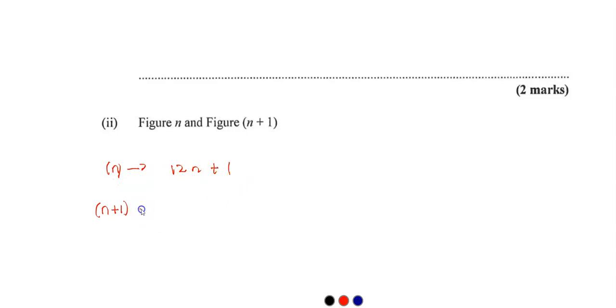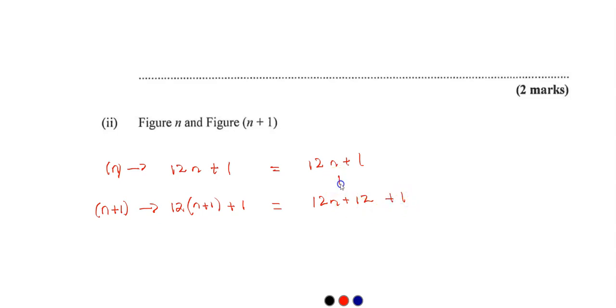So it means that we would have 12 times the position of the figure there, which is n plus 1, plus 1. And upon simplifying this, we have 12n plus 1 for that first one. And for this, we would have 12 times n, that's 12n. 12 times 1, that's 12. And we add 1 as well.